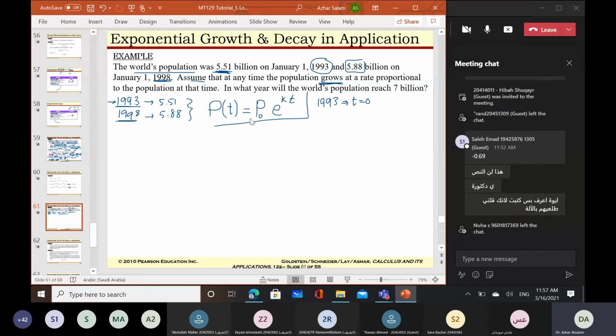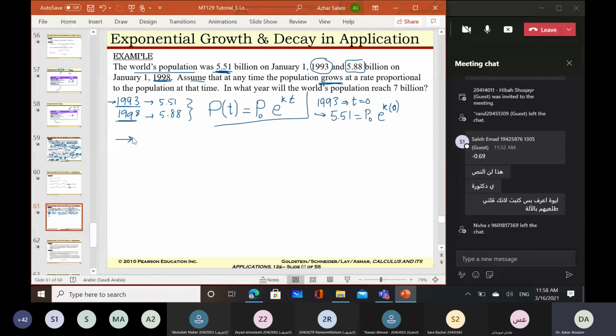This is t equal to 0, and P of t is equal to this. Okay, I can here substitute. The population was 5.51 is equal to P0 multiplied by e to the power k multiplied by 0. Clear? It is the same equation, but I substituted the value of P with the given population at the initial value t equals zero, I substituted t with zero and P with 5.51 to find this constant. Okay, I will continue the solution here.